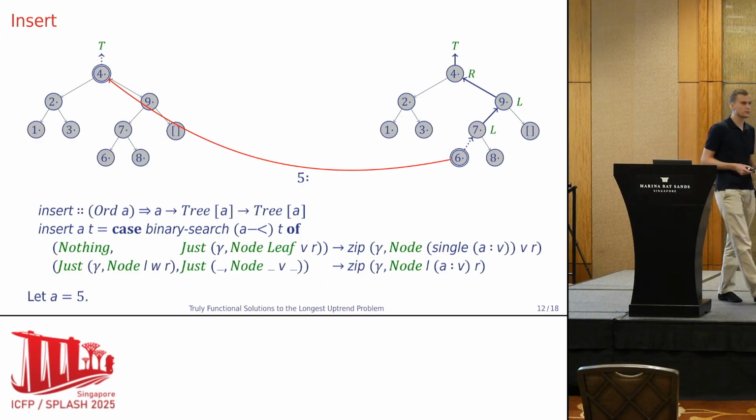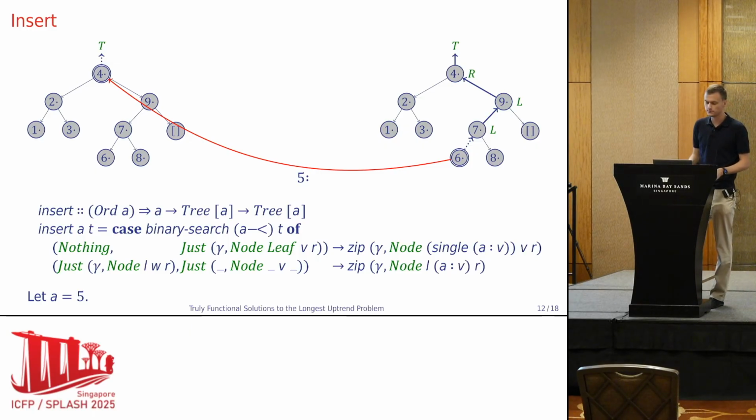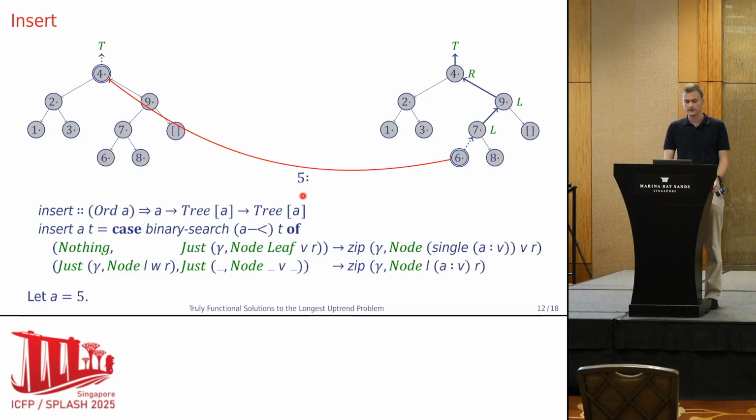In this case, we have two locations given, and now we have direct access to the uptrend starting with 6 in our example, and the uptrend starting with 4, and we are doing the replacement. So we take the uptrend starting with 6, add 5 in front, and put it in here, and replace it, and zip the left endpoint, so we make a tree out of it again.